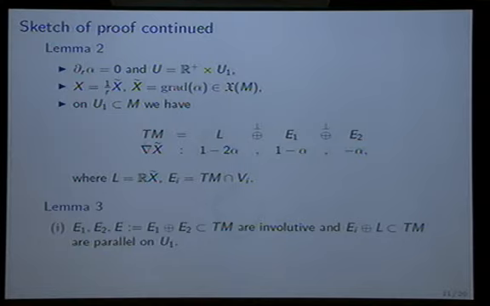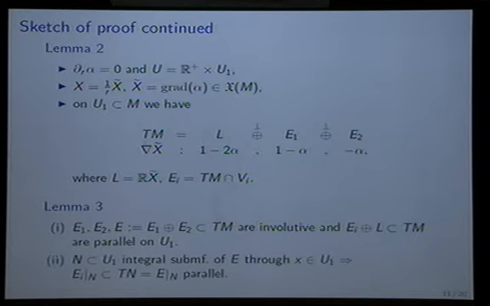At the end we want to have this double warped product, and this is the first instance where we start to see this product. And these distributions have some nice properties. So the E1, E2, and E, the sum of E1 and E2, are involutive. And the sum of EI with this line L is even parallel on this open set U1.